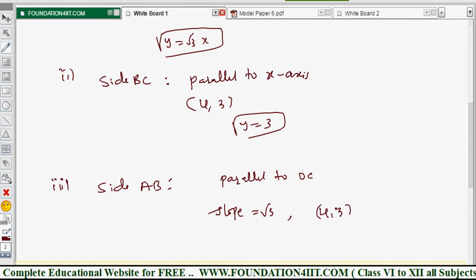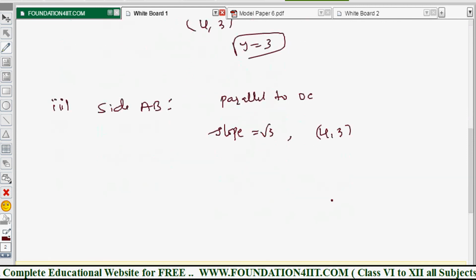Apply the point slope formula: y minus 3 is equal to root 3 into x minus 4. By simplifying this, root 3x minus y plus 3 minus 4 root 3 is equal to 0. This is the side AB.